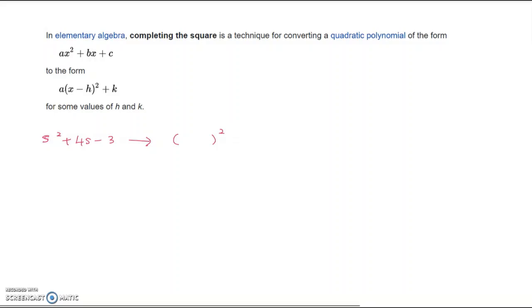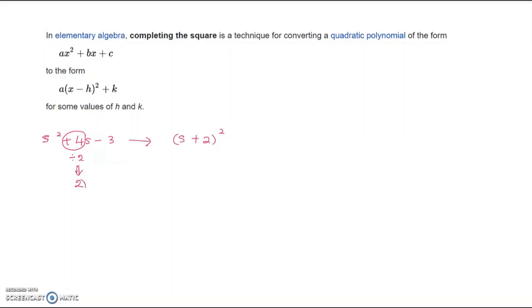What we need to look for is the coefficient of s, including the sign, whether it is positive or negative. The positive 4 here, you divide by 2, so you have 2. So it is simply s plus 2.